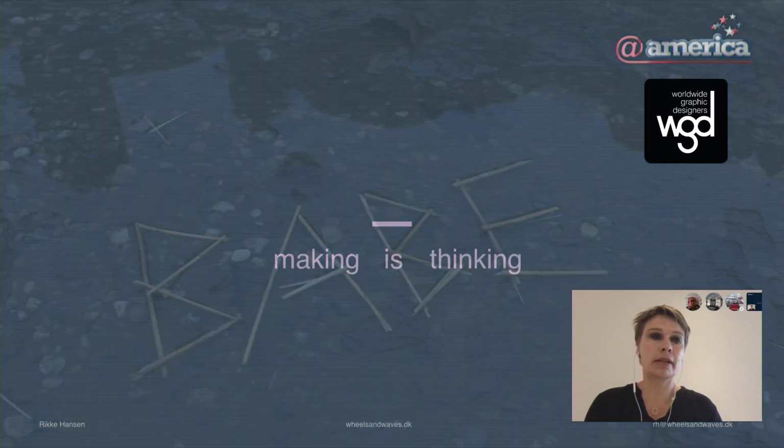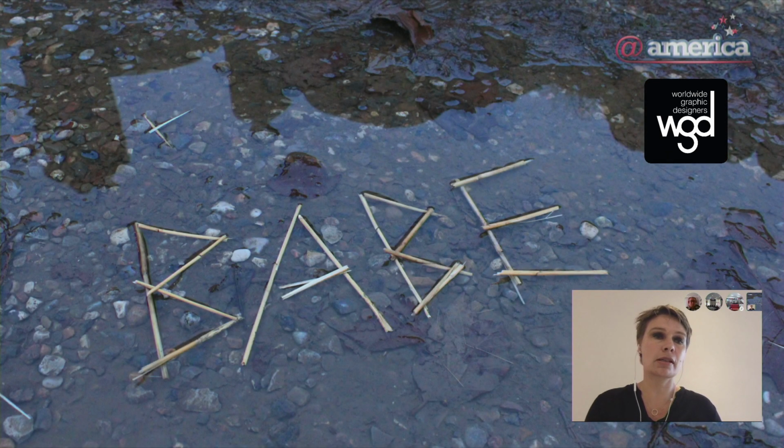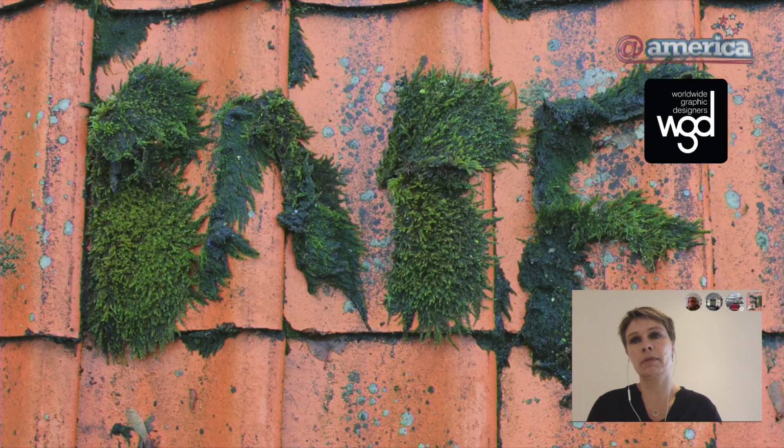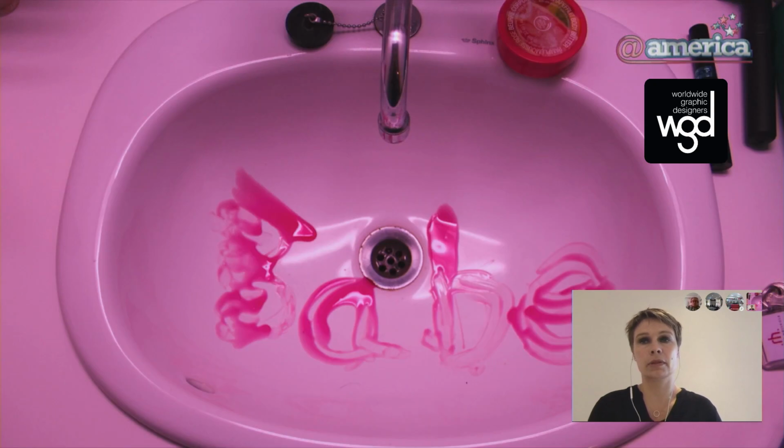This is some of the ideas the students did in typography. We were asking them to do sketches, four letter words, just to see what they could do by using the materials that are in their surroundings. So this is about experimentation.